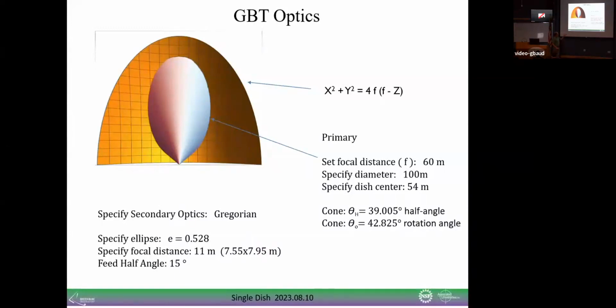And so in order to make the GBT, you define a cone angle of 39 degrees. You rotate it 42.8 degrees, and you chop out the metal from the parent paraboloid, and that gives you the primary reflector. You want to be able to have a secondary focus, and there are a couple of considerations for that.